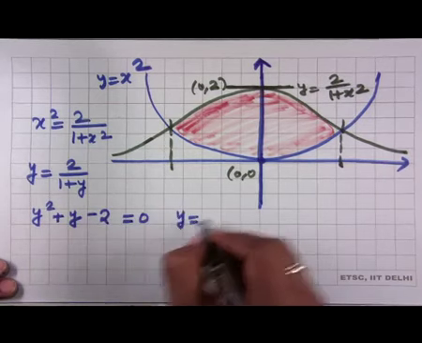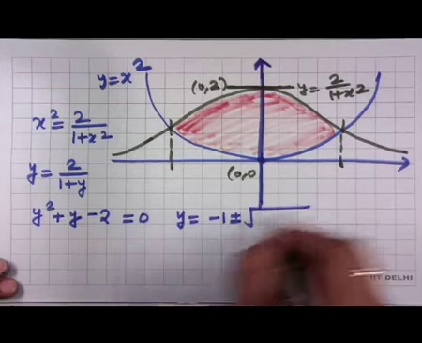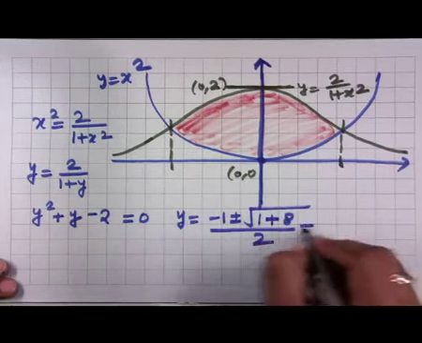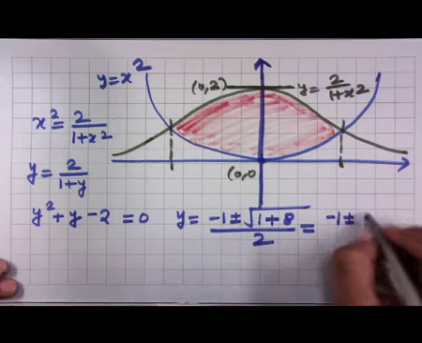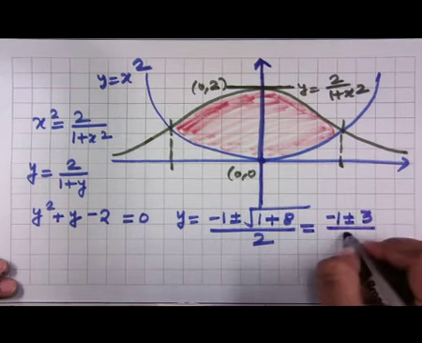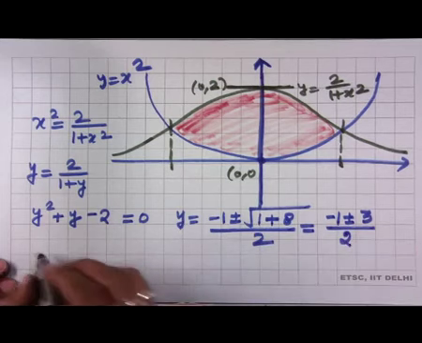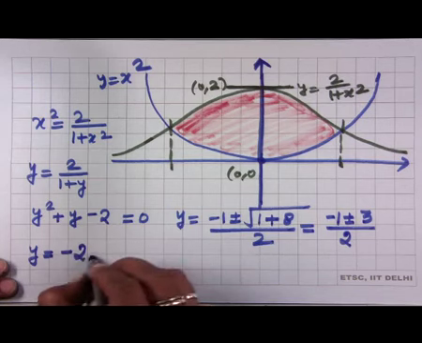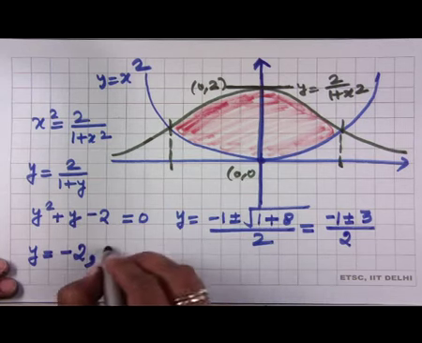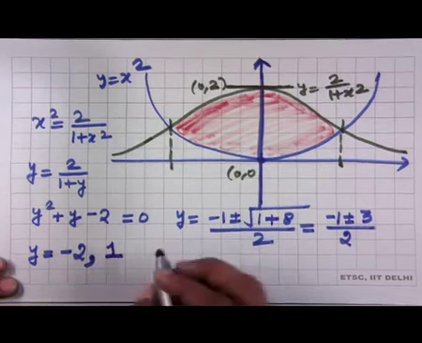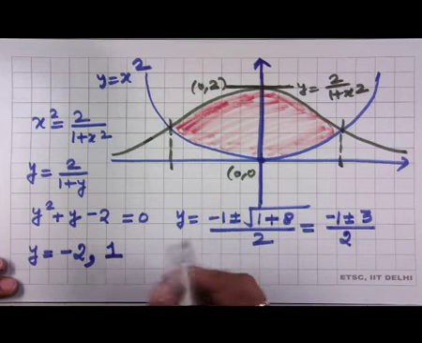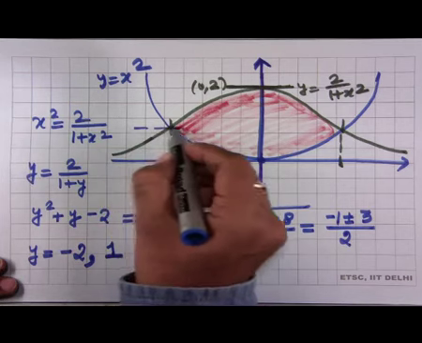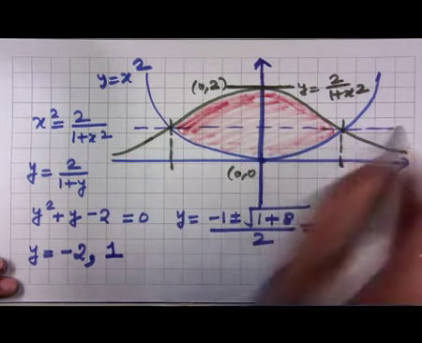So, y is minus 2 and 1. Since y is always positive, minus 2 is to be ignored.